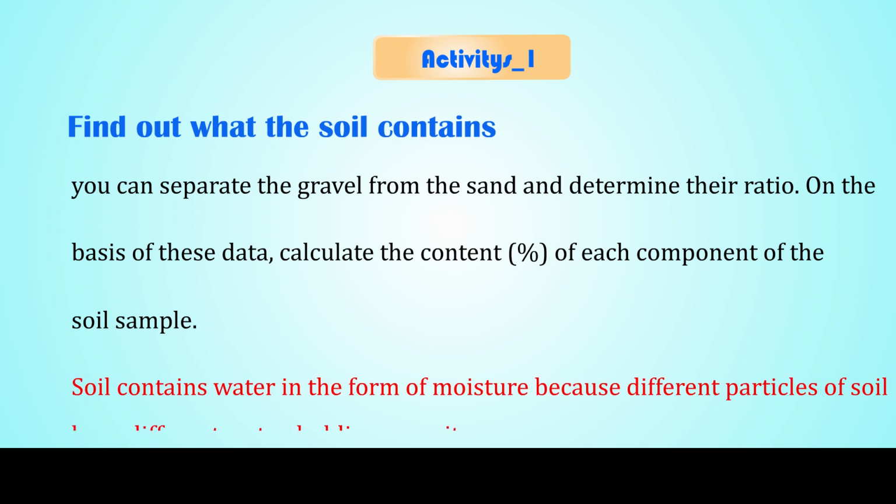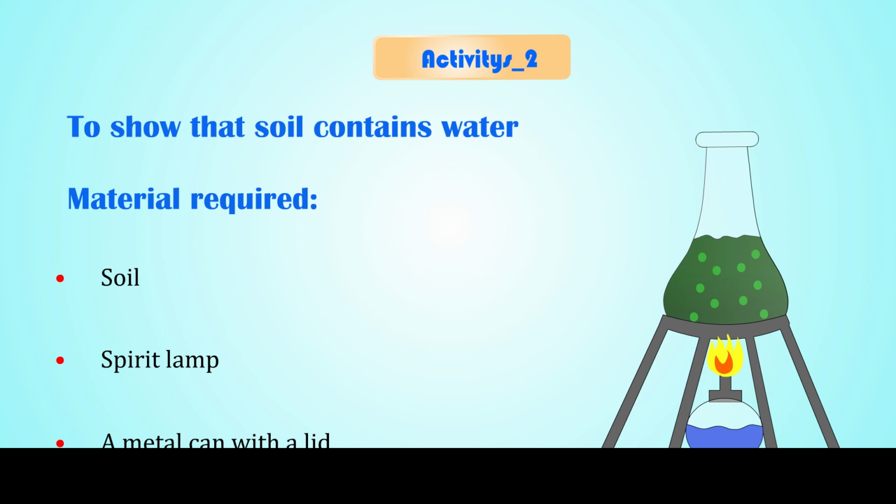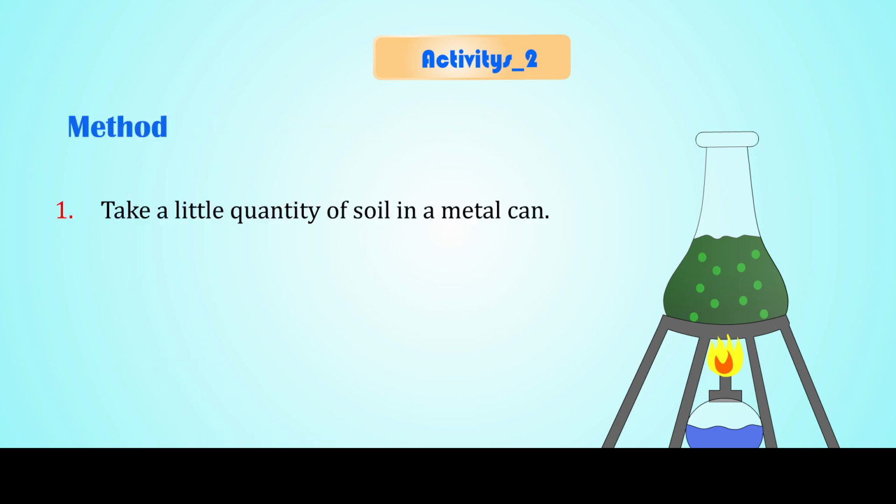Soil contains water in the form of moisture because different particles of soil have different water holding capacity. Activity 2. To show that soil contains water. Material required: soil, spirit lamp, a metal can with a lid. Method: 1.